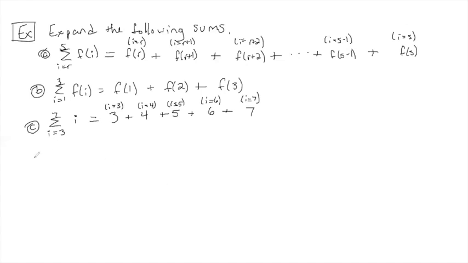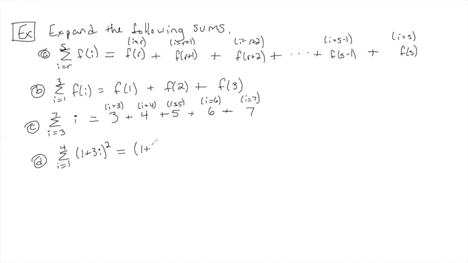Okay, and one more. The sum from i equals 1 to 4 of 1 plus 3i squared. Okay, I start with i equals 1.